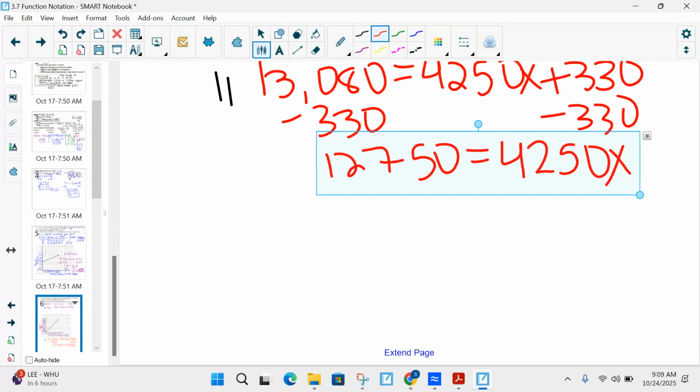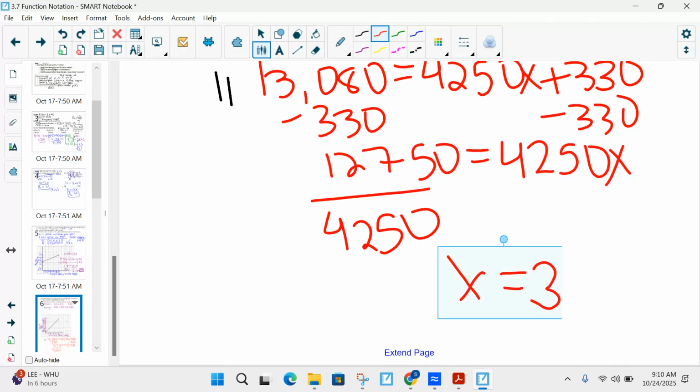And if you divide by 4250, you don't even need a calculator because 12 and 4 is 3, 750 and 250 is 3, so it's 3. So x equals 3. So what year corresponds with x equals 3?